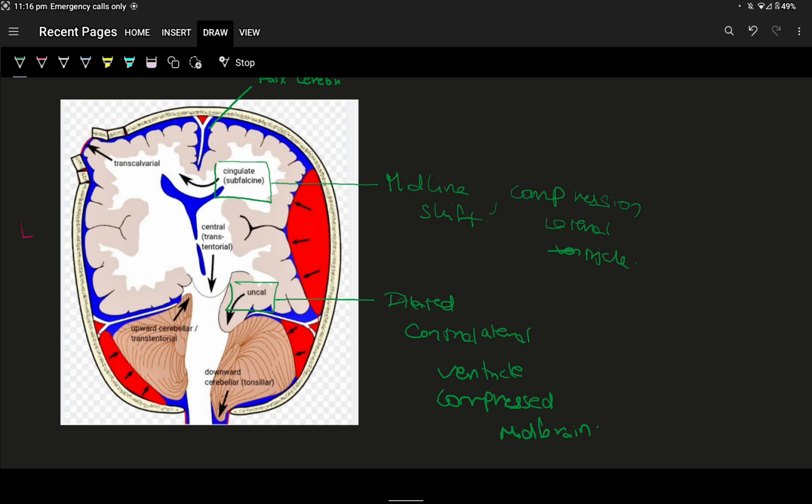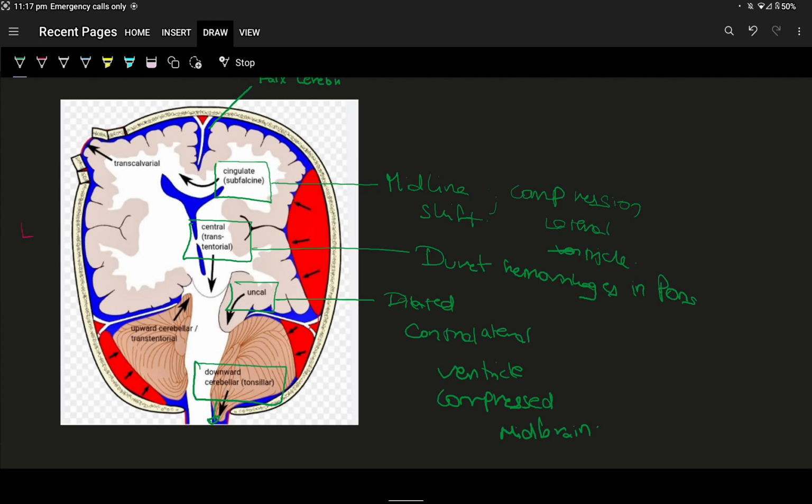The third one which we have is the central, that is the transtentorial, and this is basically also referred to as the diencephalic shift, where the diencephalon or brainstem shifts downwards, and this can be seen as direct hemorrhages in the pons. Then the tonsillar cerebellar, where the cerebellar tonsils herniate through the foramen magnum.